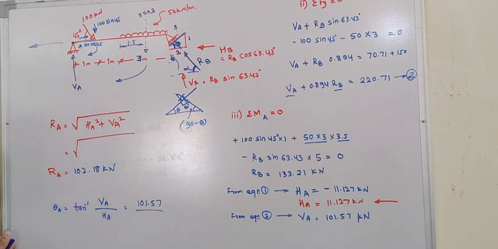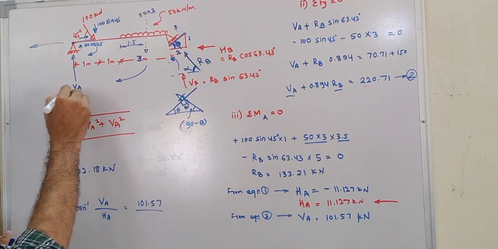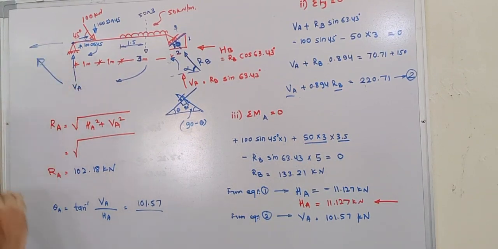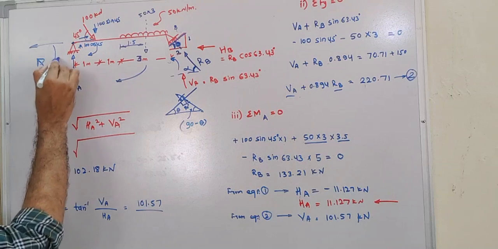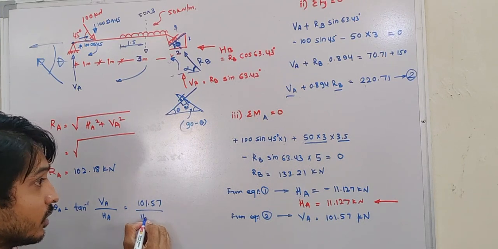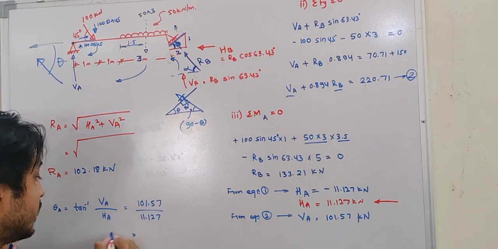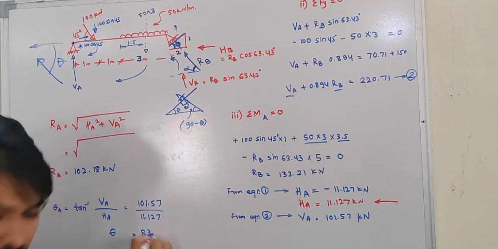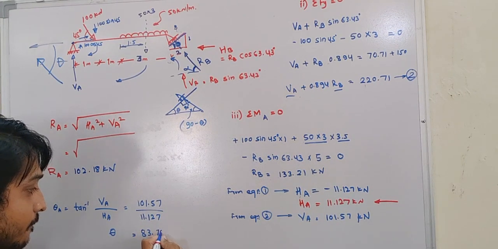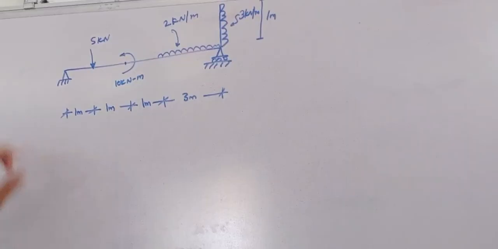Horizontal at A is like this, so the resultant will come in this direction, and this is the theta we are going to find out. So theta is 101.57 divided by HA, that is 11.127, so we get theta is equal to 83.75 degrees.